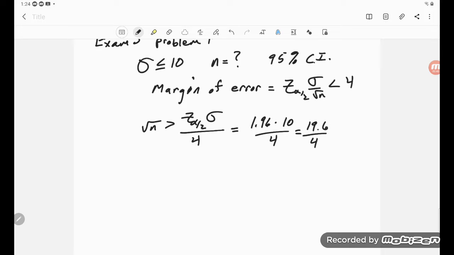Okay, so this is what, 4.9? Is that right? 4.9. And then now when you square that, you get n greater than, I think that's 24.01. Yeah, I think it's 0.01.